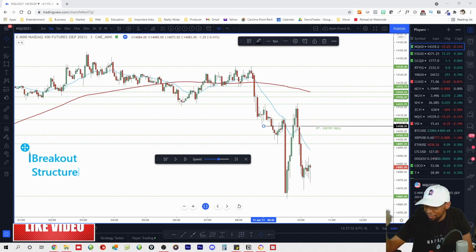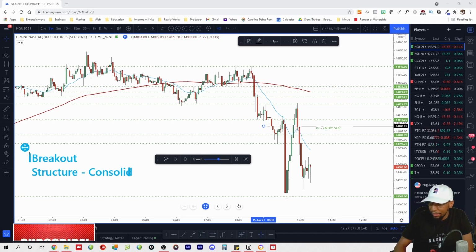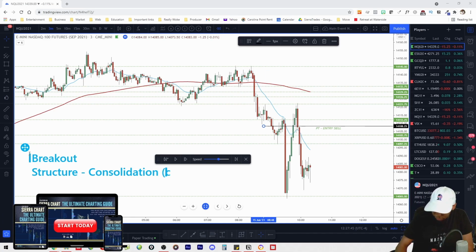We're looking for that structure right there, which is consolidation. And this is recent or current consolidation, not historical consolidation. This is consolidation that we're getting right now. This consolidation back here doesn't even matter. For this breakout, we're looking for this, okay? And you're also looking for the high and the low, which is the support and resistance of the consolidation of the range.